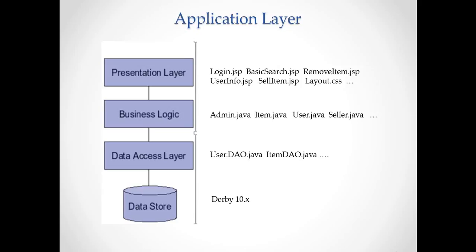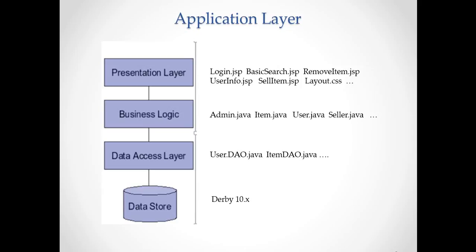In the presentation layer, we use login JSP, basic search JSP, and some other JSP files and the CSS file to create the UI and the interface for the user to use. And in the business logic layer, we create a dynamic class, item class, user class, and seller class to build the data structure.